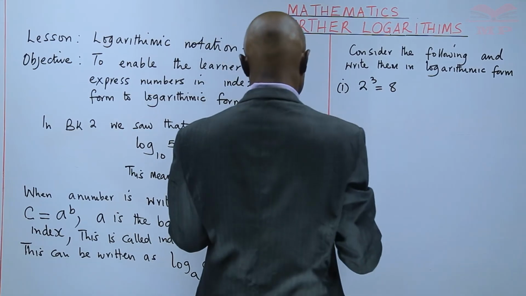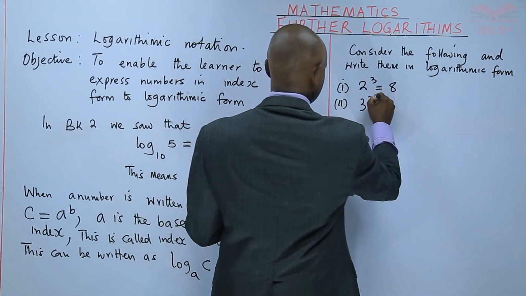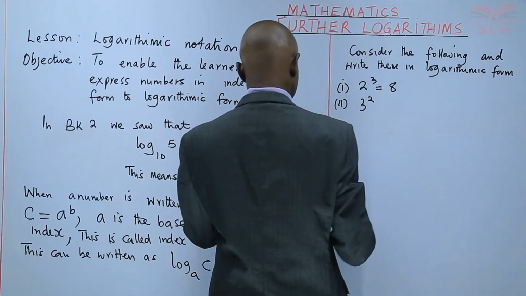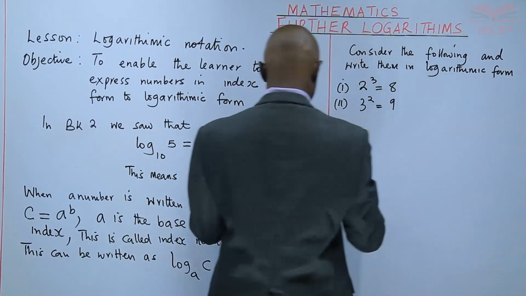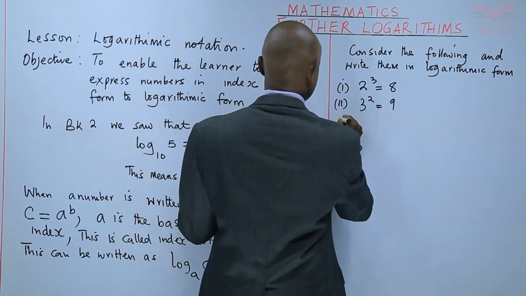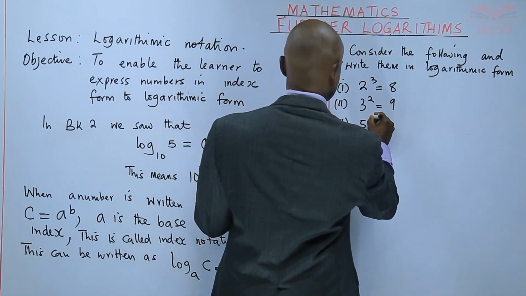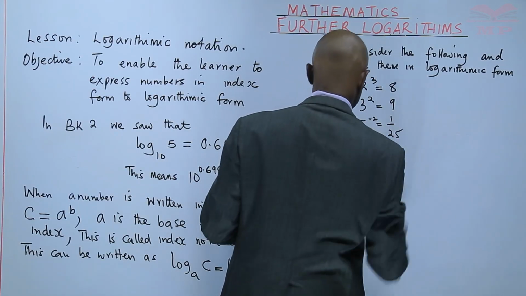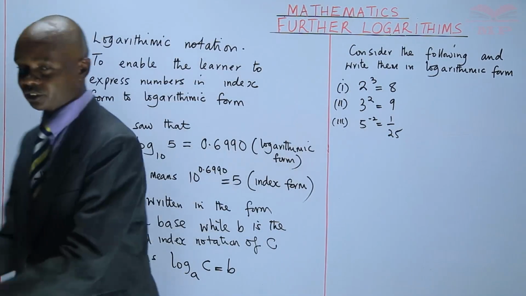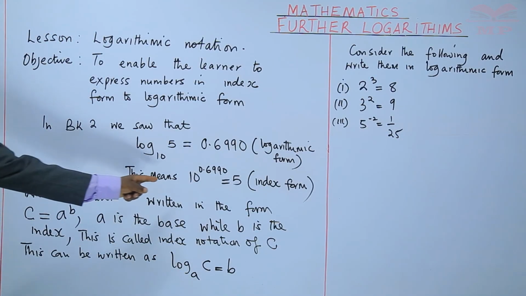The second one, 3 raised to 2 gives us 9. And 5 raised to -2 is equal to 1 over 25. So let's look at those examples and connect to this.